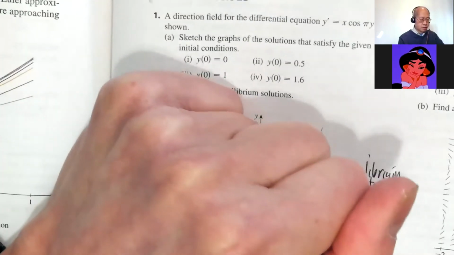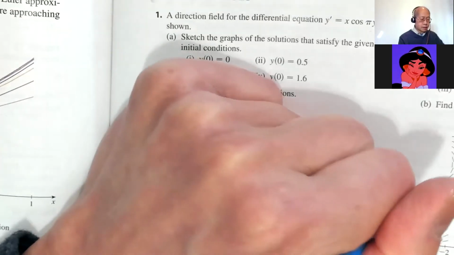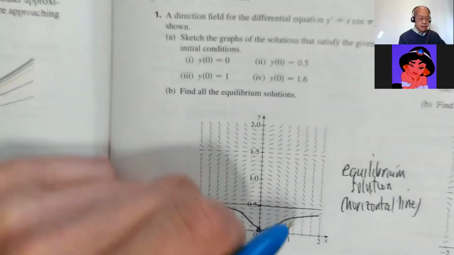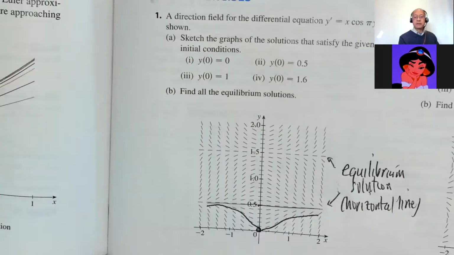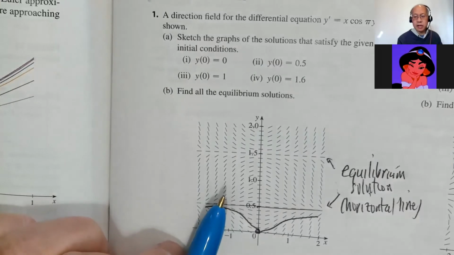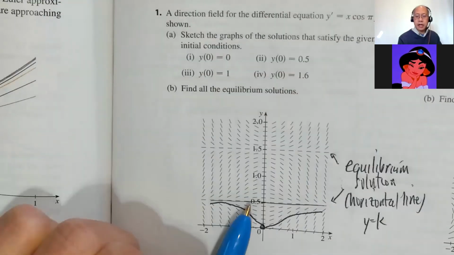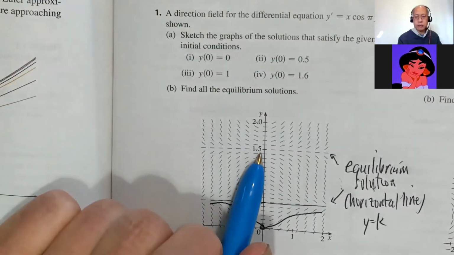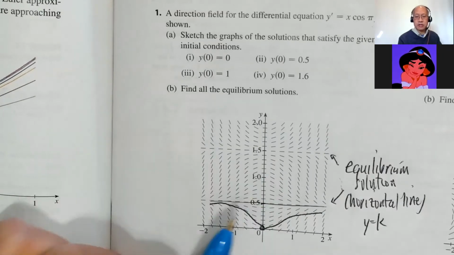If you have a solution where you just have a horizontal line, that's called an equilibrium solution. So here's an equilibrium solution. Here's an equilibrium solution. So y equals some constant. Like it looks like y equals 0.5, y equals 1.5. And the way the pattern is, I guess it's 2.5 and so on.